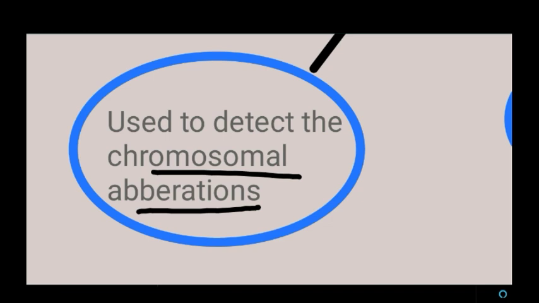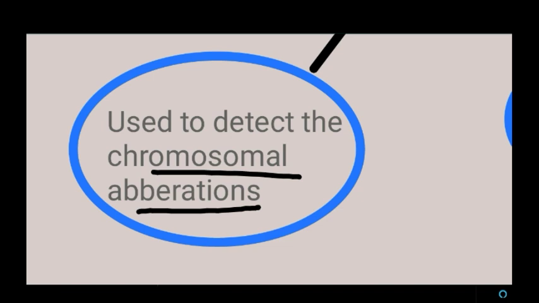Chromosomal abnormalities include deletion, duplication, translocation, and non-disjunction of chromosomes. At the time of meiosis, the chromosomes have to separate. If they are not separated, with the help of karyotyping we can identify that non-separation of chromosomes, which is called non-disjunction.